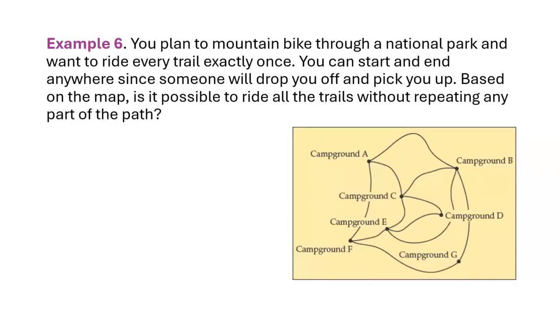But if you can set it up in a way that somebody will pick you up in one location and drop you at a different location, then this is more of an Euler path. It doesn't really matter which ones you pick, because someone is going to pick you up and drop you off. So all you need to do is start in one place and go through all of the edges, all of the trails, only once, so you cannot repeat.